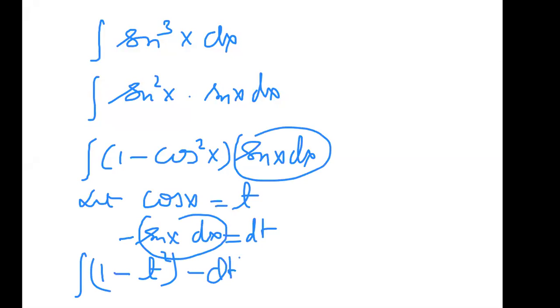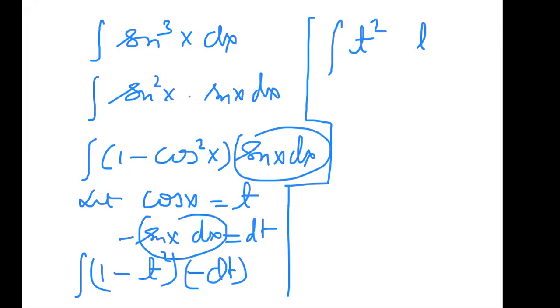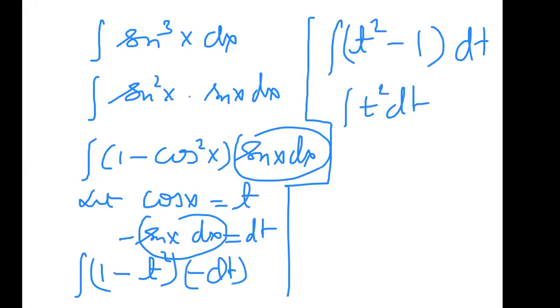Minus sign I'm taking inside, so it will become integral t square minus 1 dt. Now separate integral, integral t square dt minus integral 1 dt. Integral of t square will be t cube by 3 minus integral of 1 will be t plus c.